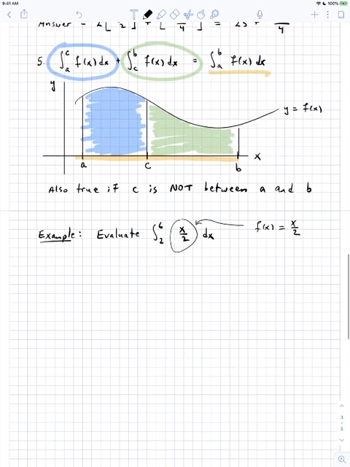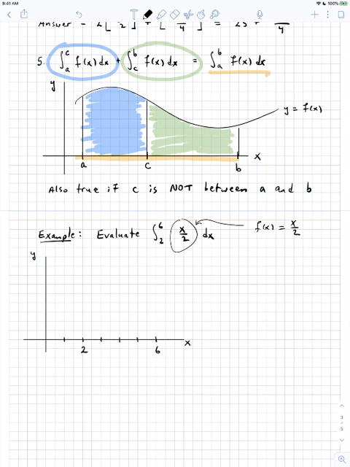Let's graph it just so we can have a look. So this is the x-axis, this is the y-axis. 1, 2, 3, 4, 5, 6. So this is 6. We're interested in the interval from 2 to 6.